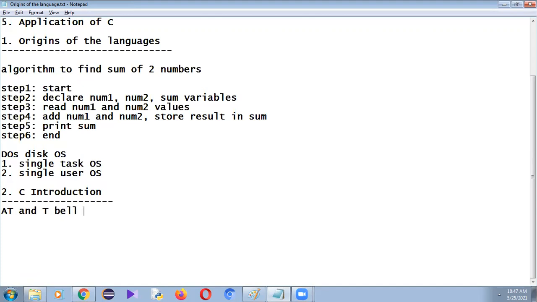AT&T stands for American Telephone and Telegraph. It was invented in the year 1972. C became popular because it's very simple and easy to use.